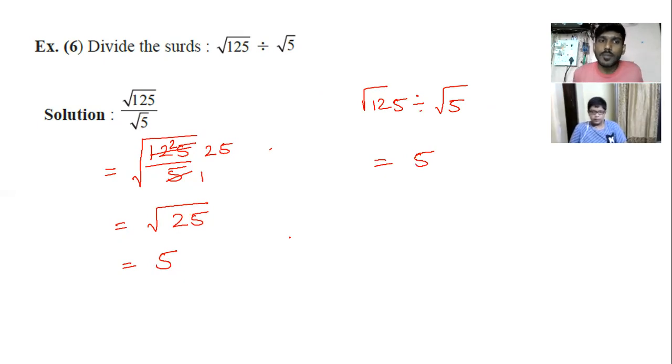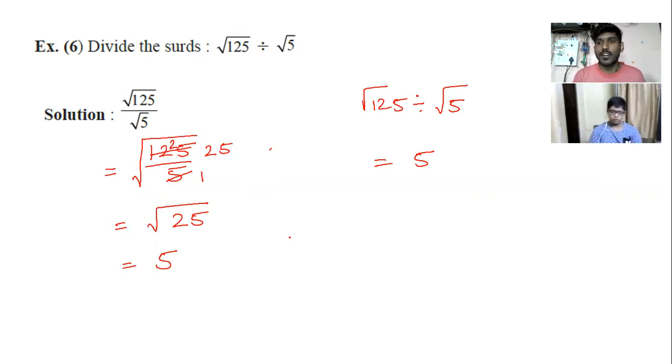So two points to keep in mind when you're doing multiplication and division of surds. When you do multiplication and division of surds, the radicand need not be the same. But when you're adding and subtracting two surds, the radicand has to be the same.